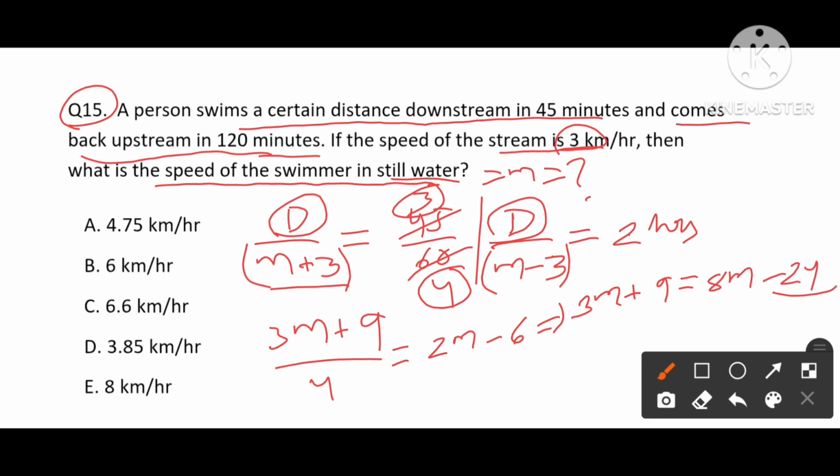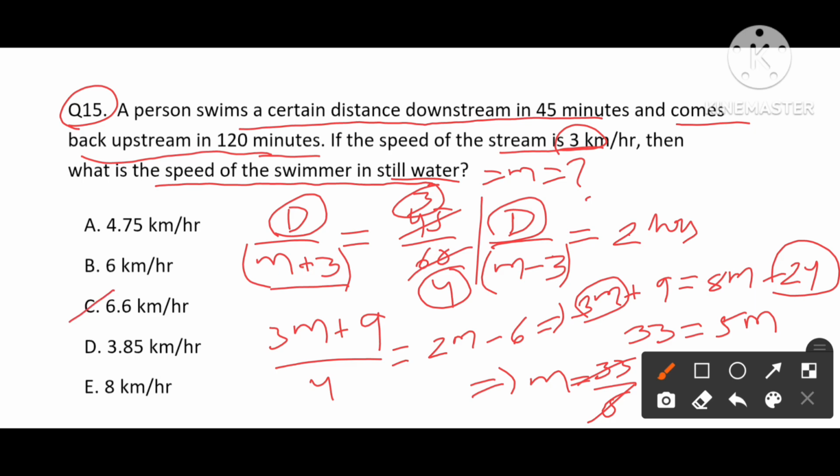So this minus 24 comes this side with a plus, which will be 33 equals, and this 3m goes to the other side with a minus, so we have 5m. So the m value will be 33 divided by 5, which is 6.6 kilometers per hour. So the answer will be option C.